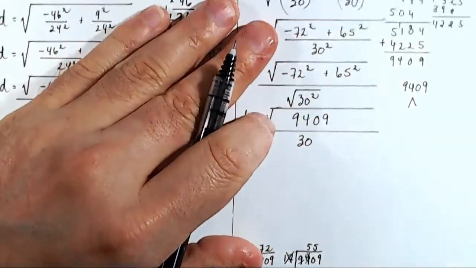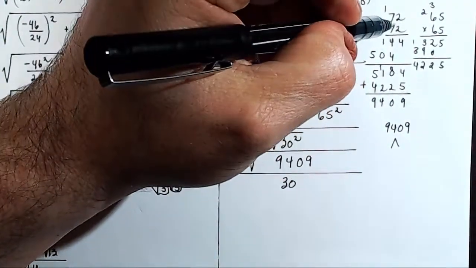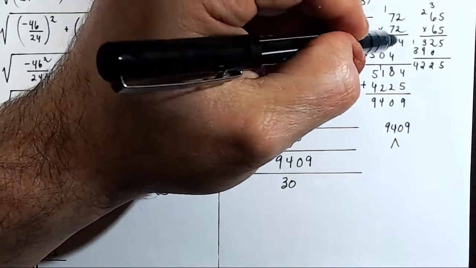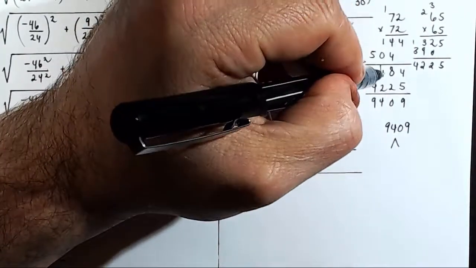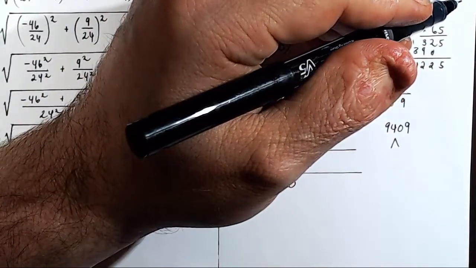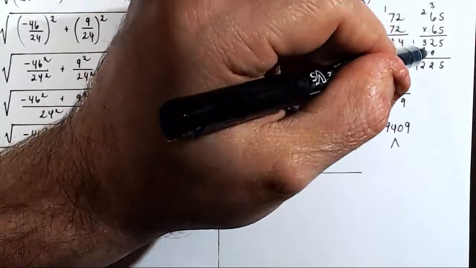Oh, let me make sure I did this correctly here. 72 times 72. Okay, 5184 looks right. 65 times 65, 4225.